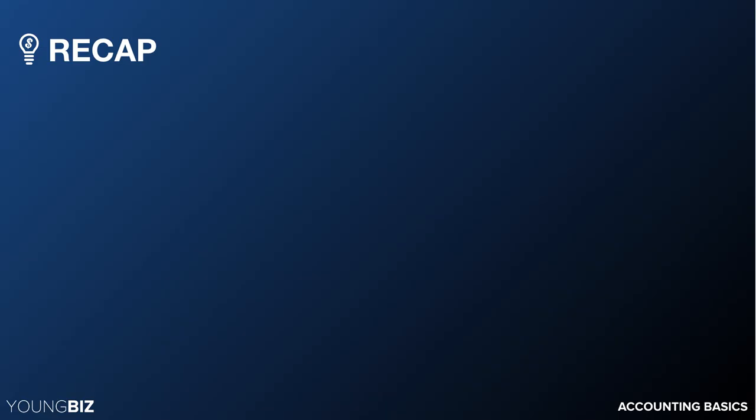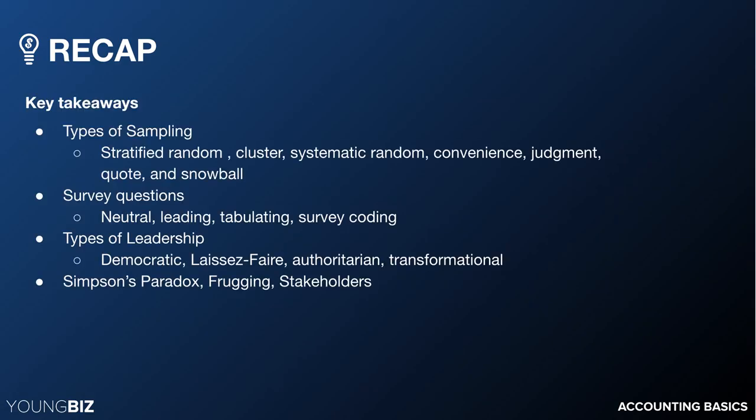Now, let's recap. Today, we covered a range of important concepts, so let's dive right in. First, we explored different types of sampling methods: stratified random sampling, cluster sampling, systematic random, convenience, judgment, quota, and snowball sampling.